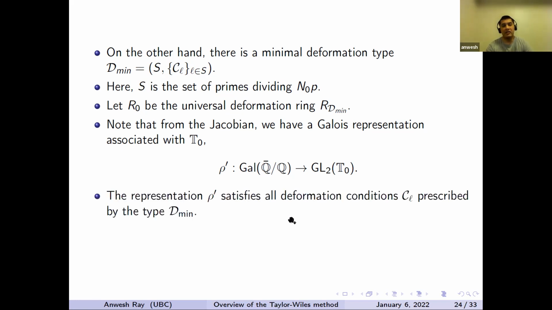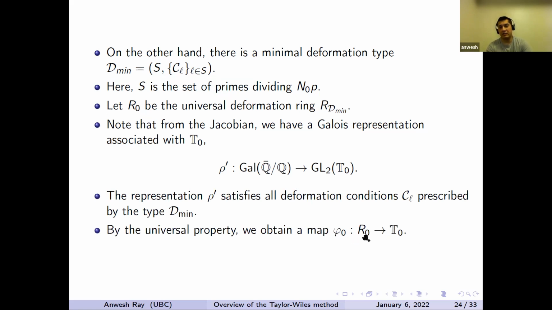And as a result of universality, T naught also arises from a specialization of R naught. Let's call this map phi naught. So we get a map from R naught to T naught, which recovers this representation rho prime after specialization. So this is the map phi naught at the minimal level.